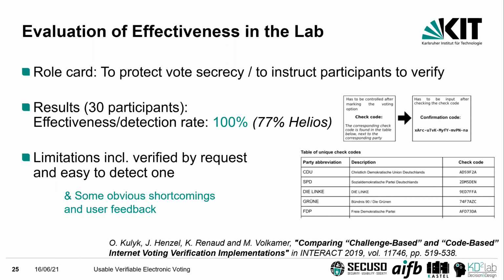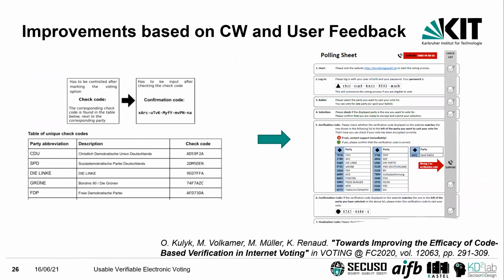While these are good results, 100%, you may remember that it was an easy to detect manipulation. And from the feedback we got and from doing a lot of usability research, we could easily see a number of shortcomings. The main shortcoming is this one: with the original process on the left side, it says there's something related to a check code, and then I should enter a confirmation code.